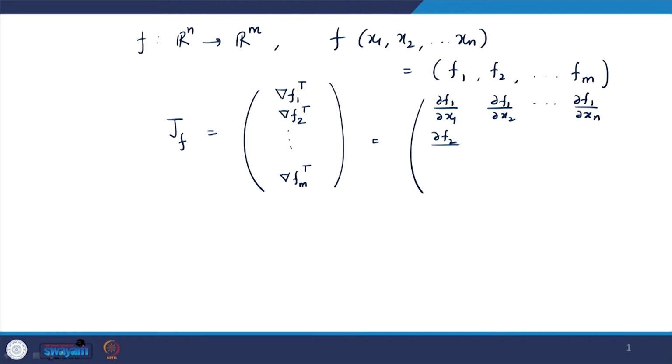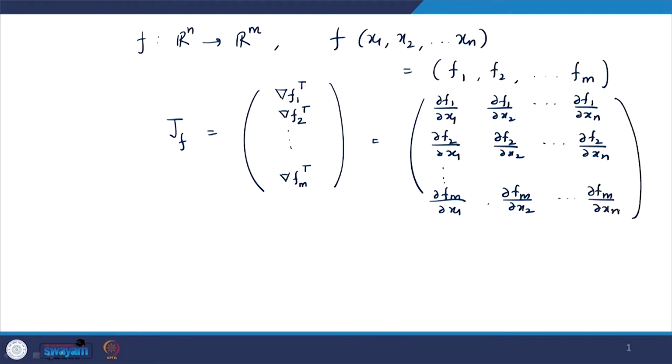Similarly, del f2 upon del x1, del f2 upon del x2, del f2 upon del xn, and the last is del fm upon del x1, del fm upon del x2 and so on, del fm upon del xn.